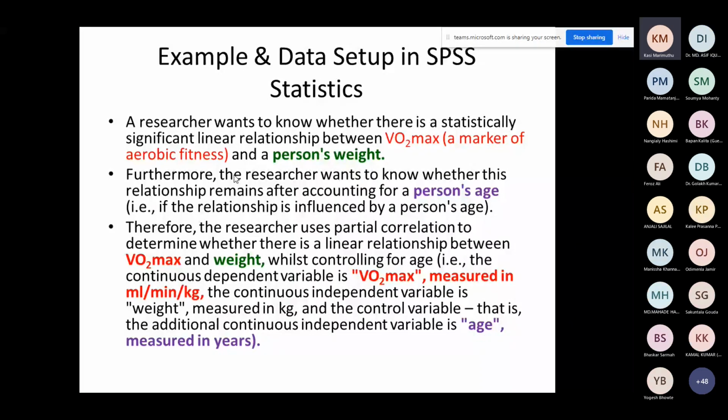Your main variable, the dependent variable, is sales. Advertisement is independent. Sales is dependent. In addition to that, company brand, company reputation, the number of years the company has been running in the market may also influence us. So that year also influences the relationship between sales and advertisement.